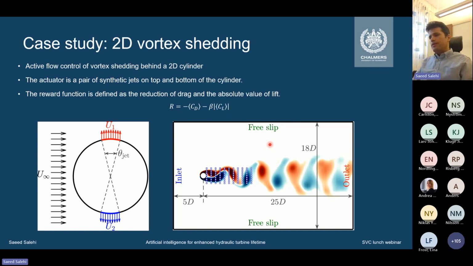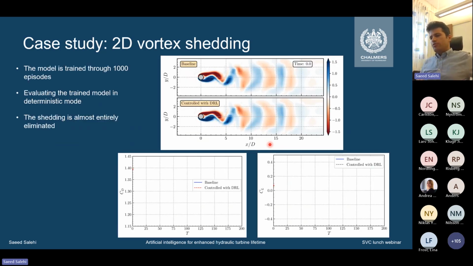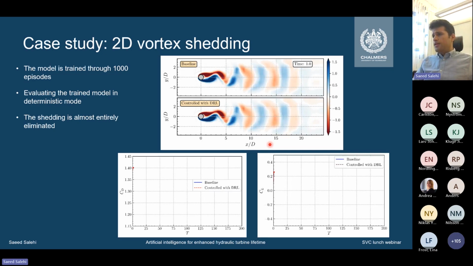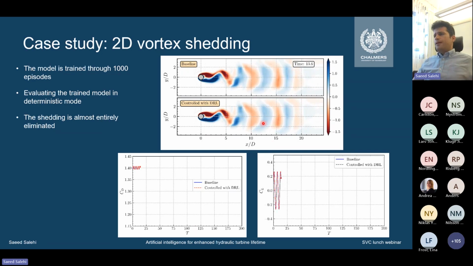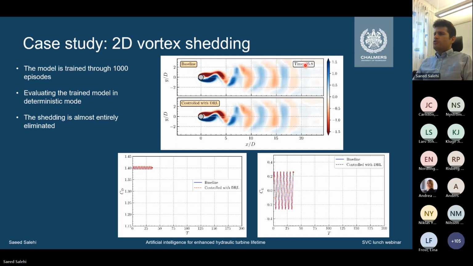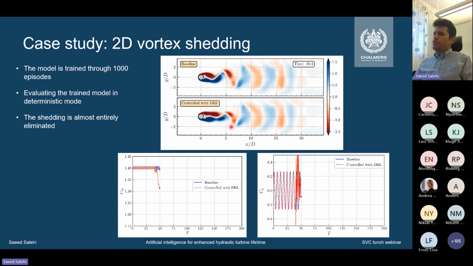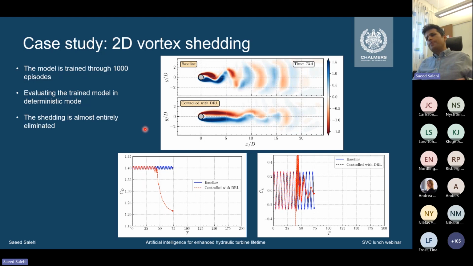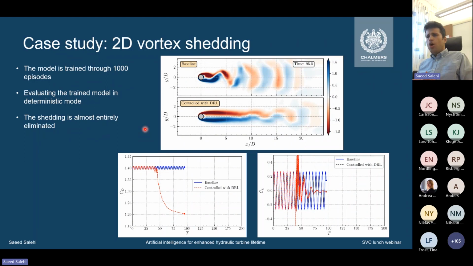So again, I will skip a lot of details, but I will just go right to the result. We trained the model using 1,000 episodes, 1,000 CFD simulations, and then we evaluate the trained model in a deterministic mode. So here you see on the top the vortex shedding, and drag and lift coefficient on the bottom. At time 40, the controller kicks in. Now the controller starts to work, and you can see that through a pair of synthetic jets, we are actually able to almost entirely eliminate the vortex shedding.